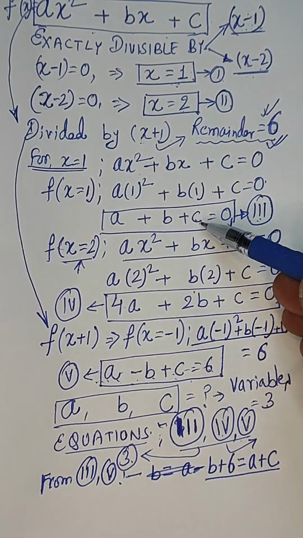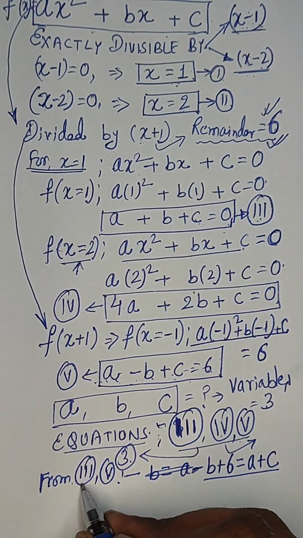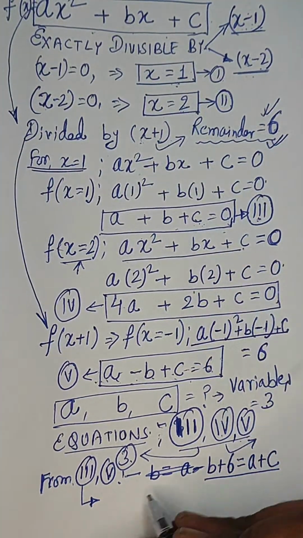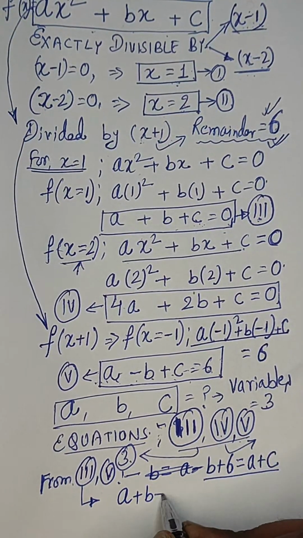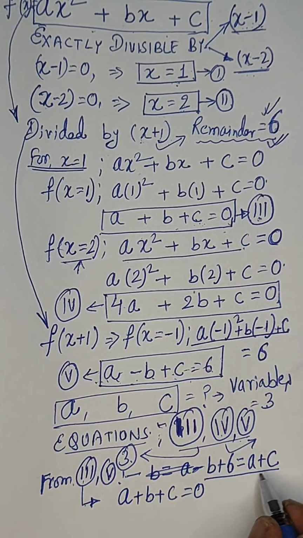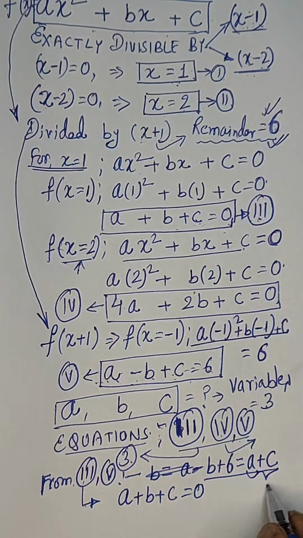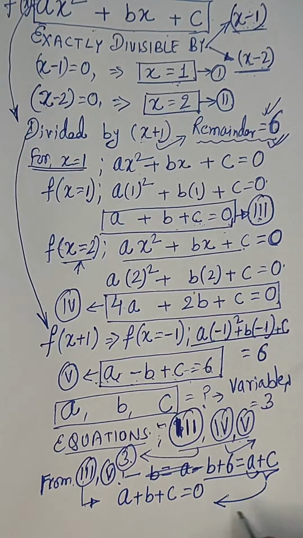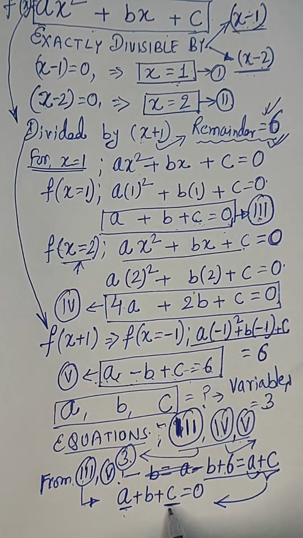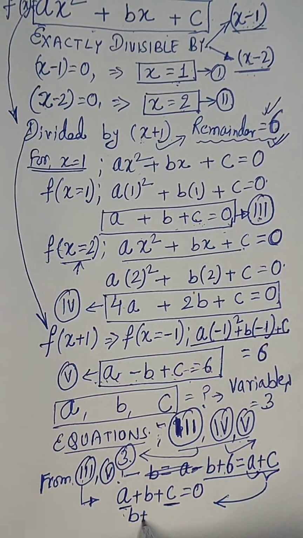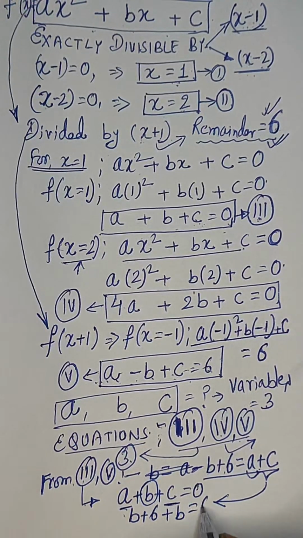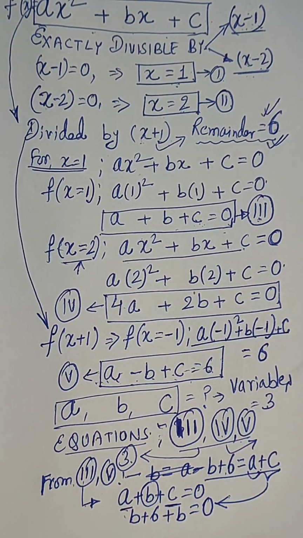And when you put this into equation number 3, what is equation number 3? Equation number 3 is a plus b plus c is equal to 0. And when you substitute the value of a plus c from here into this, you get b plus 6, and this b again plus b is equal to 0.